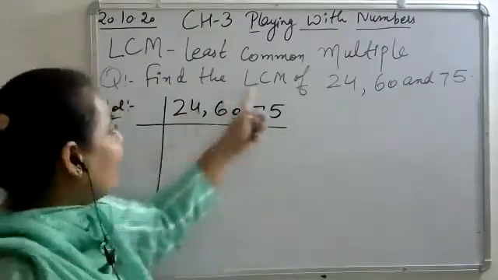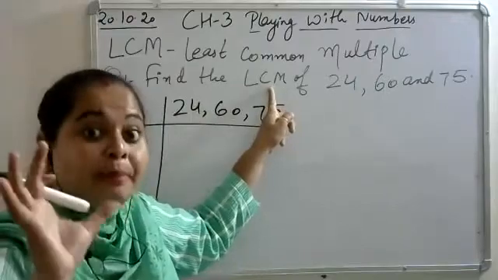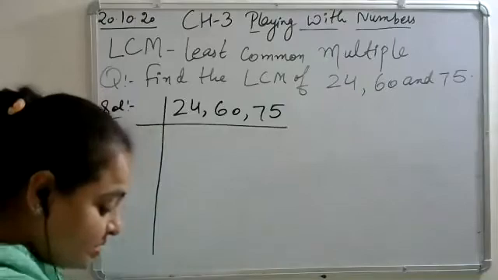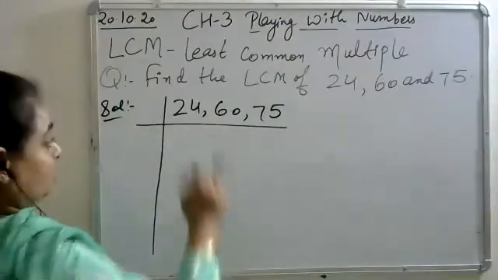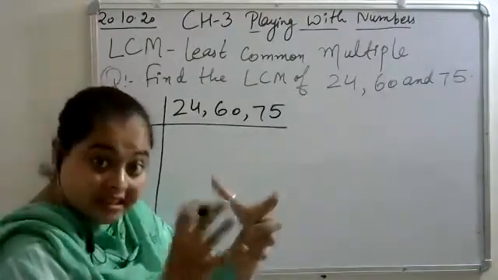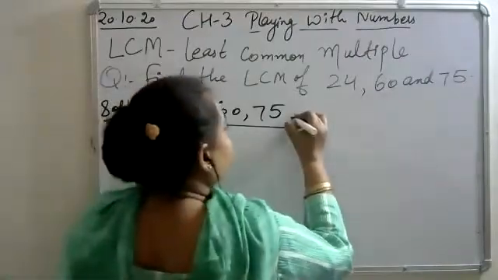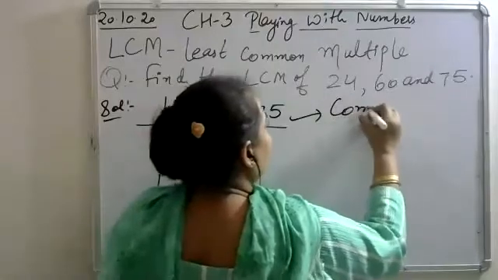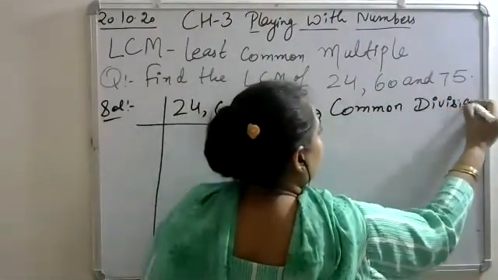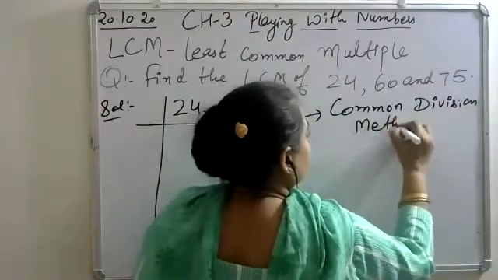But to find the LCM, we prefer this method, and the name of this method is common division method, in which you take all the numbers together.